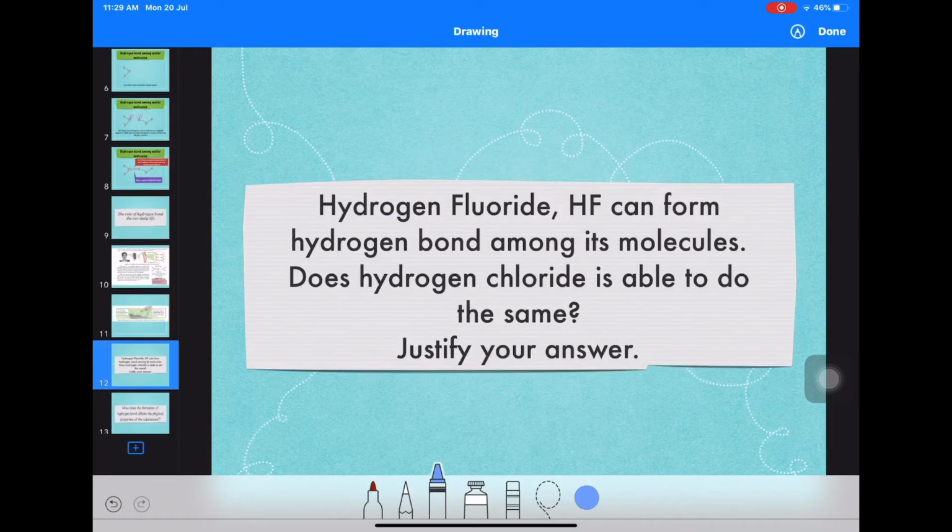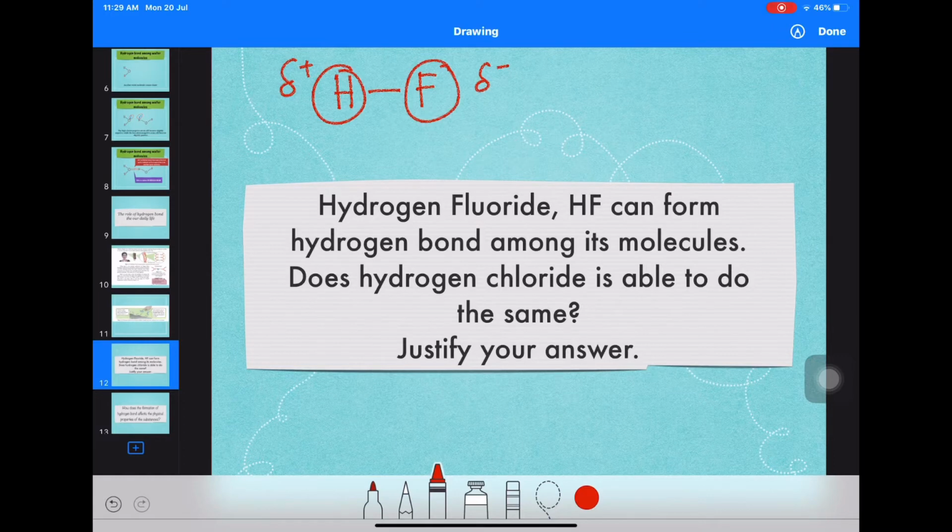Alright, now we see why hydrogen fluoride can form hydrogen bonds among its molecules, and whether hydrogen chloride is able to do the same. What is hydrogen fluoride? HF. In hydrogen fluoride, fluorine is more electronegative, so hydrogen here is slightly positive.